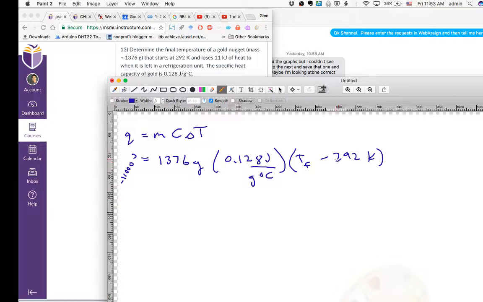Okay, I have some algebra to do, so I'm going to remove all the units to make that easier for me.